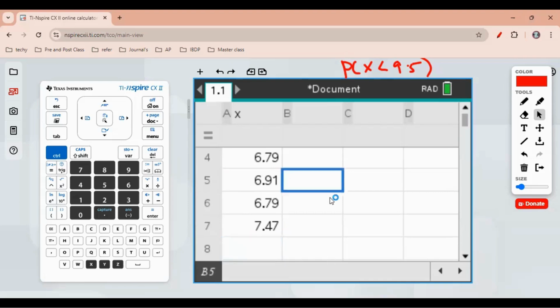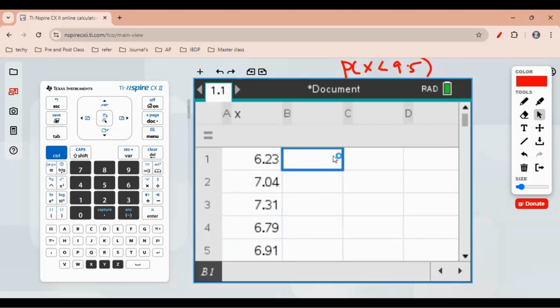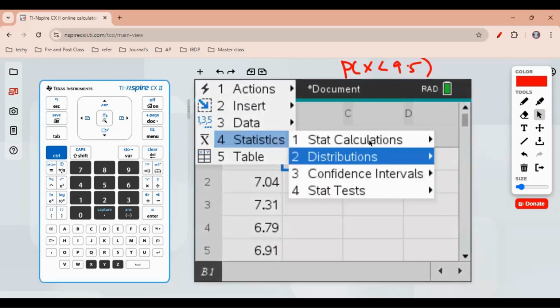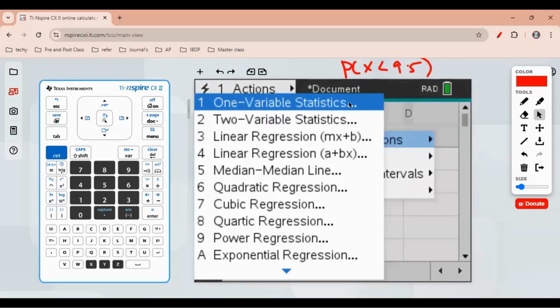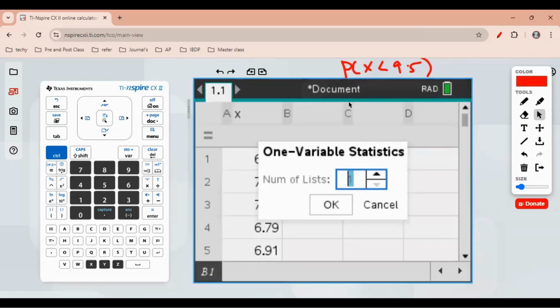Now you keep the cursor wherever you want the result. I need to find the unbiased estimate of the population variance. We created a sheet. Now you have to go to menu, statistics, stat calculations, one variable statistics. Click on that.